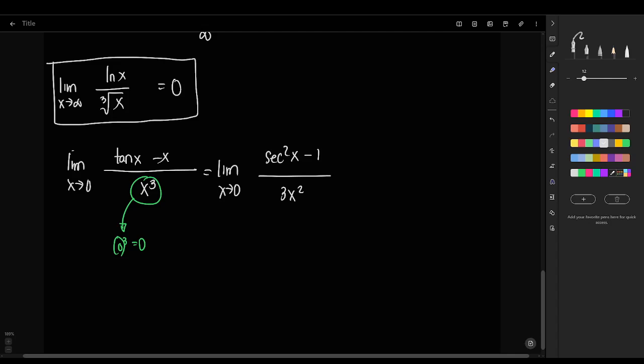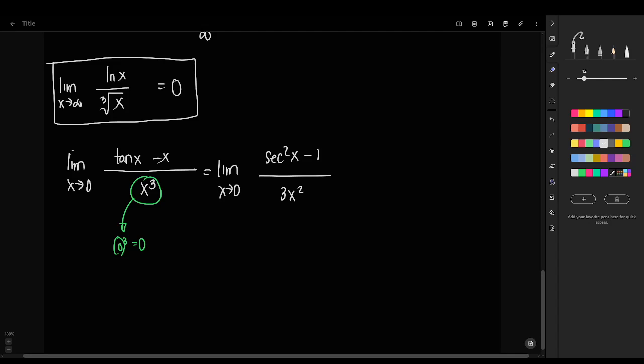When you plug in the value of 0 for x in the equation, you still end up with an indeterminate value, right?